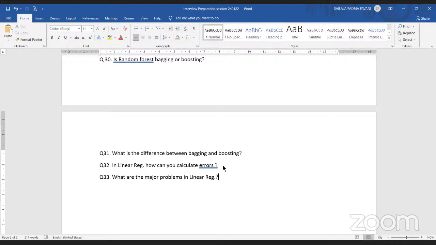In case of linear regression, you have to make some assumptions, right? What are those assumptions? My next question is, what are the assumptions you consider in case of linear regression?